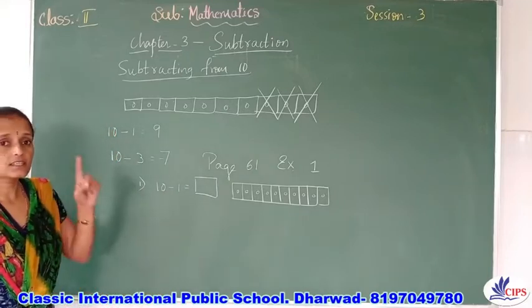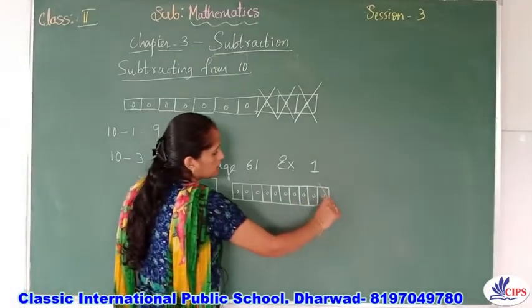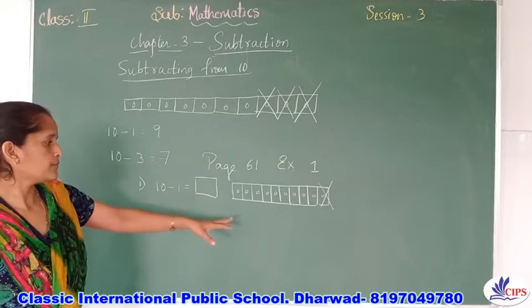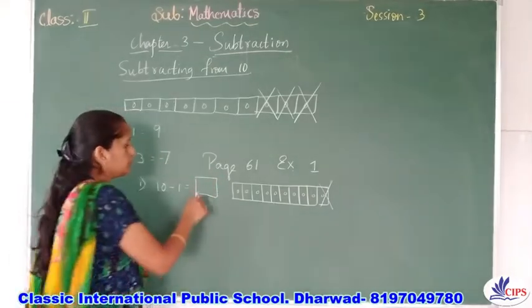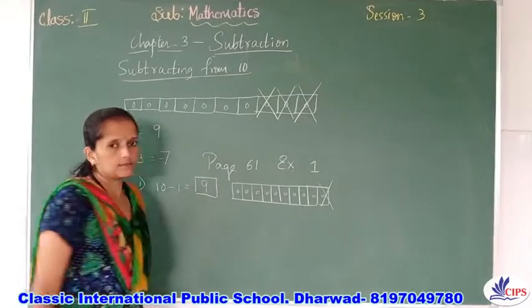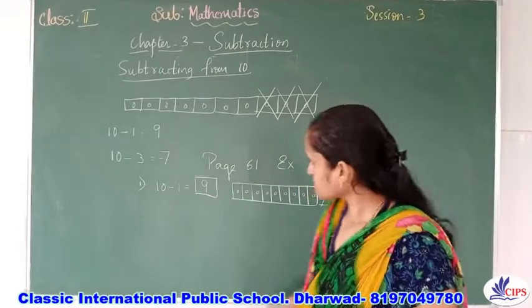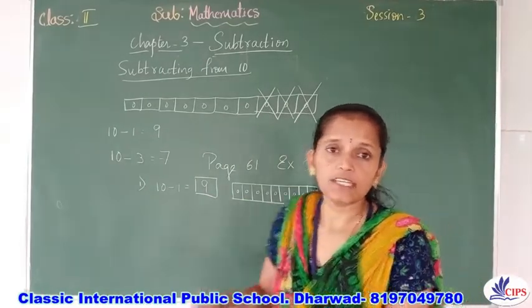Minus 1 means taking away 1, so you can cross out the last one. How many are left here? Instead of counting, you can also count using your fingers. That is 9. In the same way you need to do your exercise number 1 on page number 61.